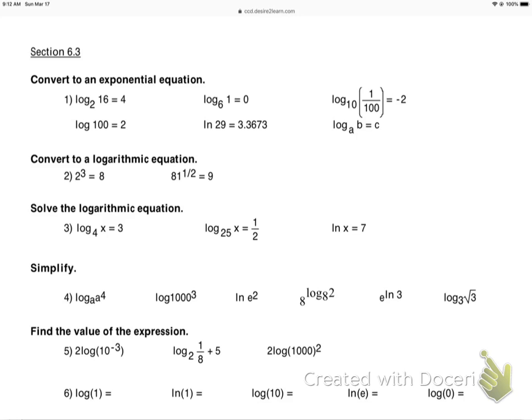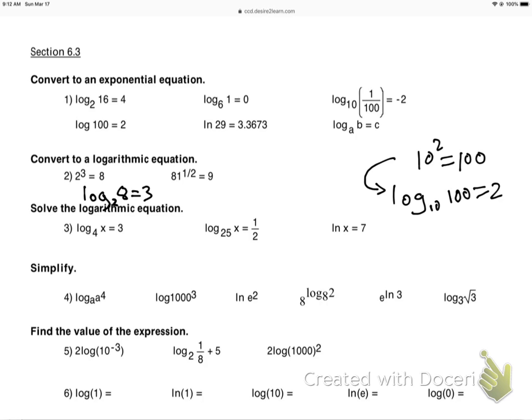What do we have here? Convert, the other way around. So remember, if I remember 10 squared is 100, and log to base 10 of 100 equals 2, then this time I'm doing it this way. So I've got to write the word log in, but still the base of the exponent is 2, the base of the log is 2. Go over to the other side of the equal sign, pick the 8, and that should equal 3.